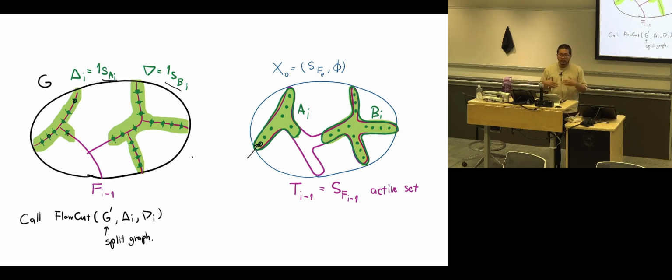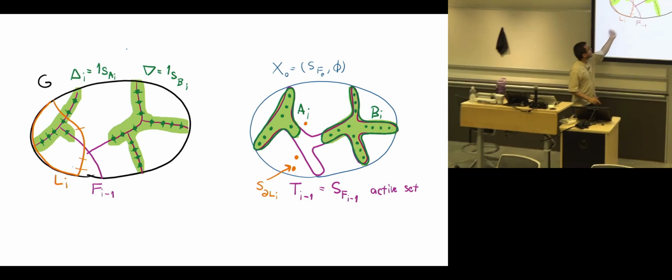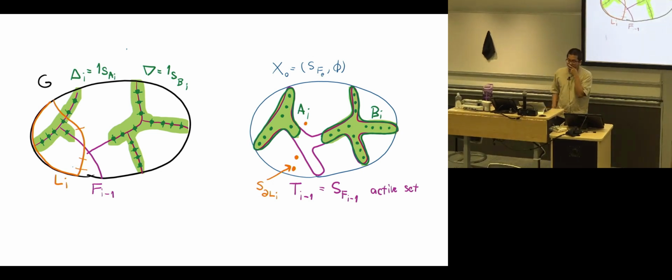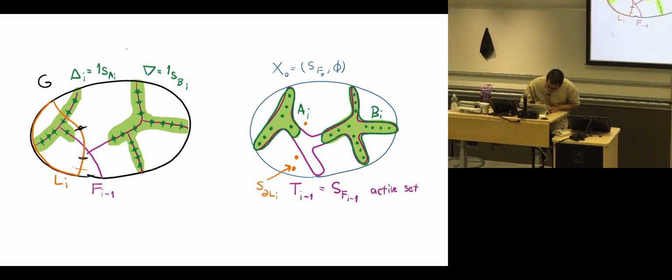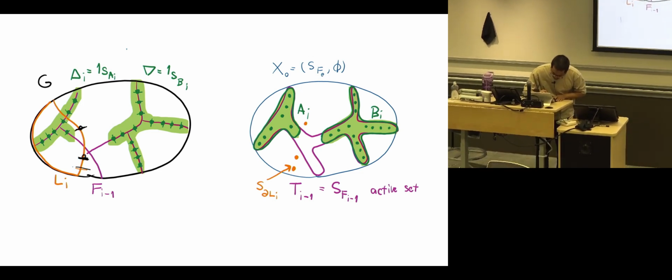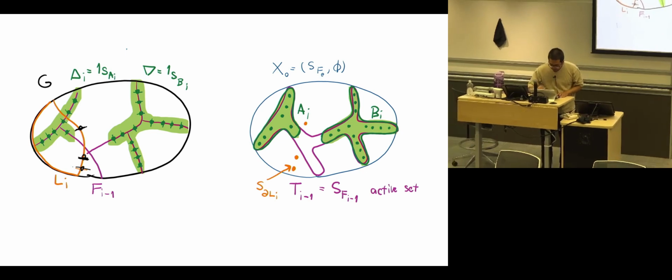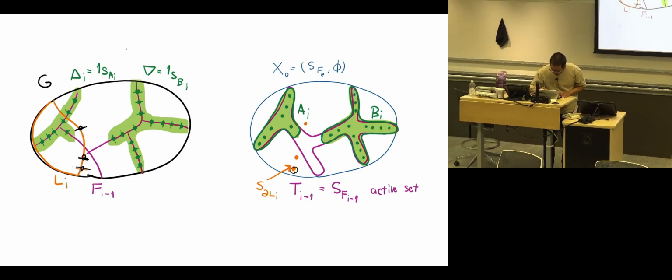You might get stuck, as in the flow might find some non-trivial min cut. Maybe the non-trivial min cut looks like this. Let's say there are just 3 edges along this cut. Then maybe this is a split node corresponding to an edge crossing the min cut.